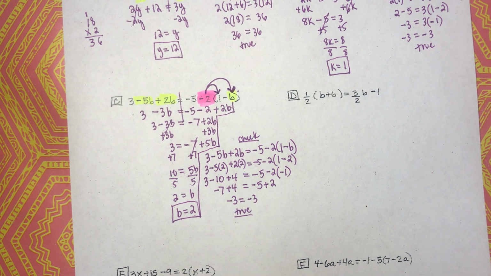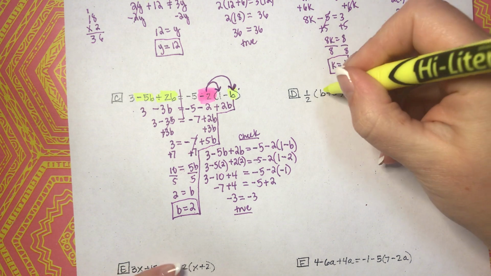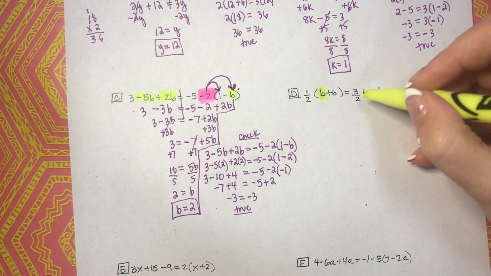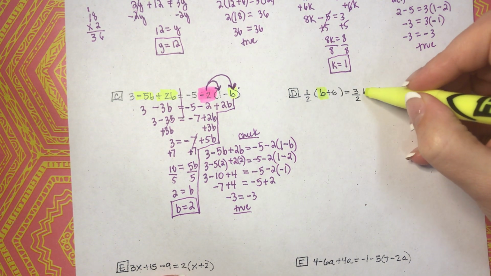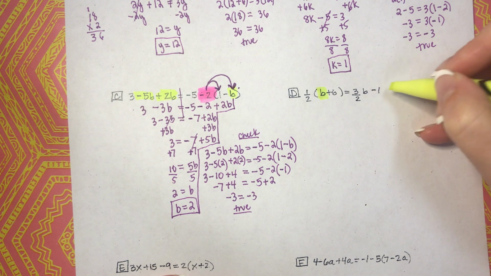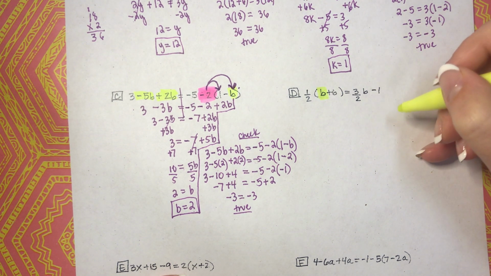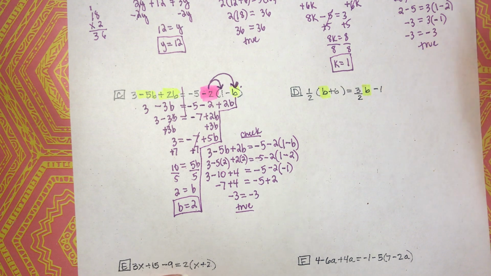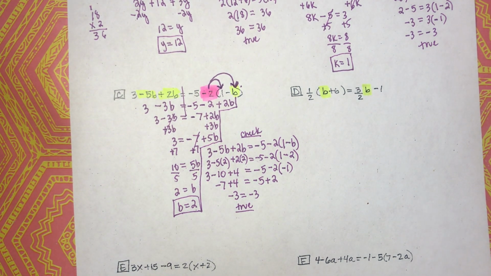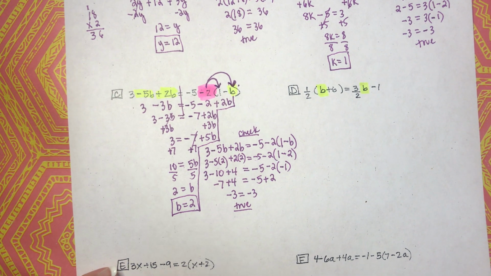D. What do we have? 1/2 multiplied by the quantity, b plus 6 equals 3/2 times b minus 1. All right, here's the other b on that side. Okay. They're hitting us with some fractions. That's okay, no sweat. We can do this.